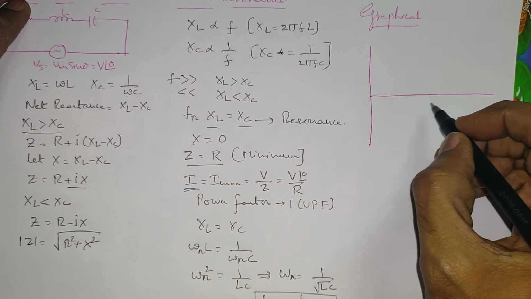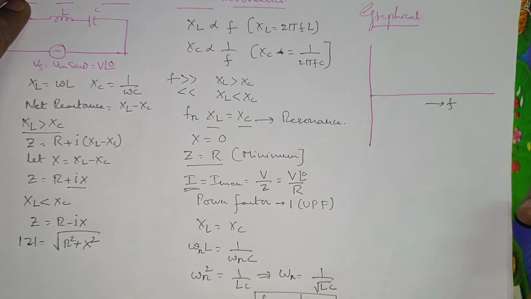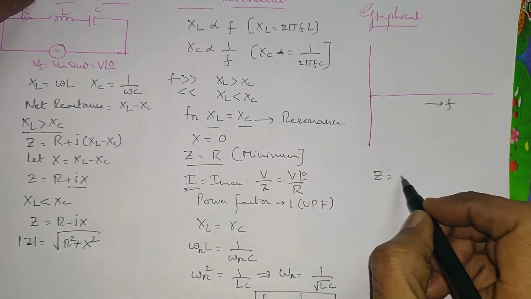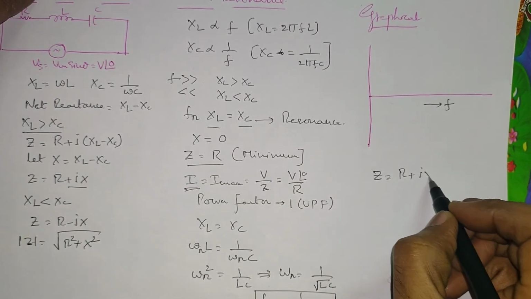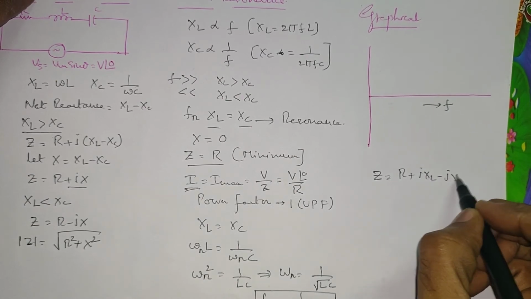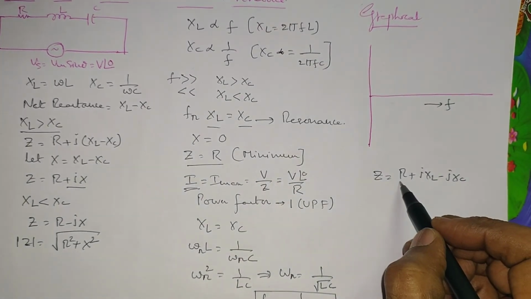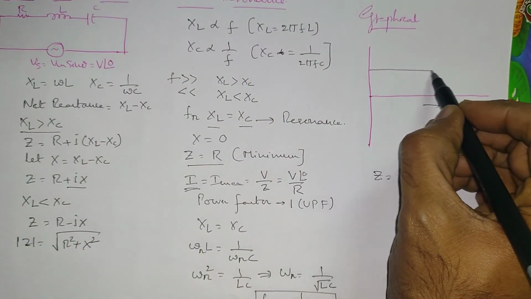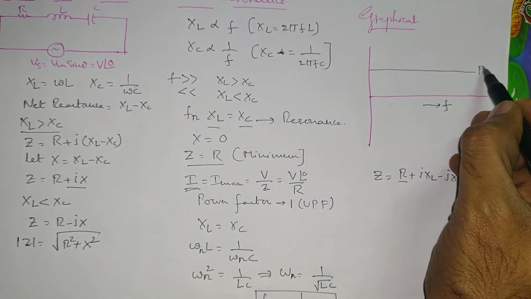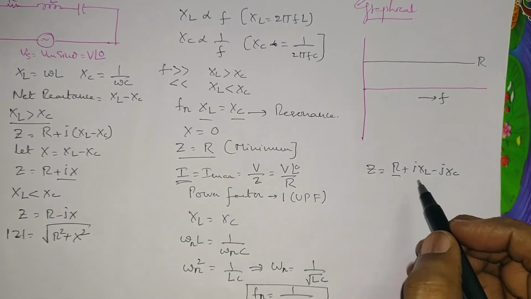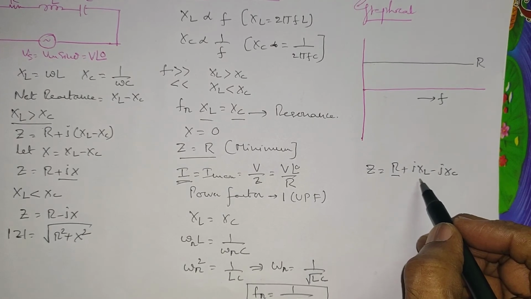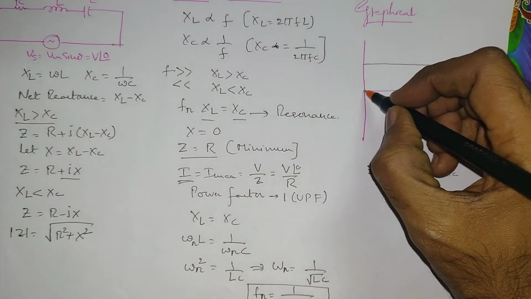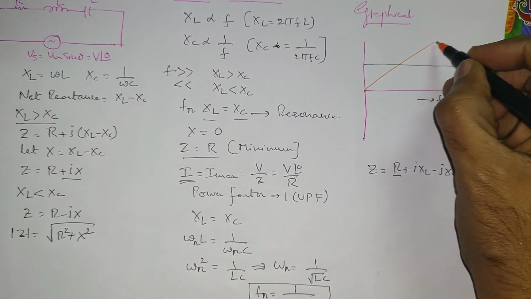Say here we consider the frequency, and we know Z is a combination of R plus jXL minus jXC. So first, R is a constant with respect to the frequency. I am drawing the resistance line as constant with respect to the frequency, and we know XL is proportional to the frequency, hence we are going to have XL as a straight line passing through the origin.